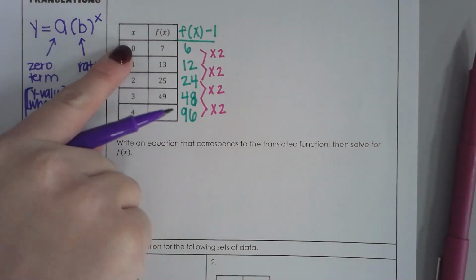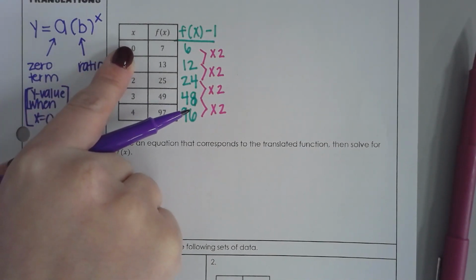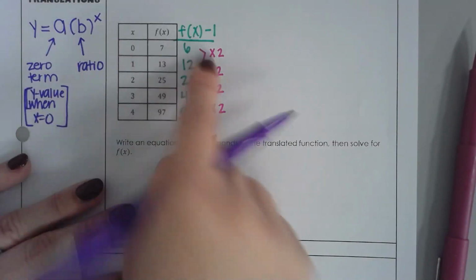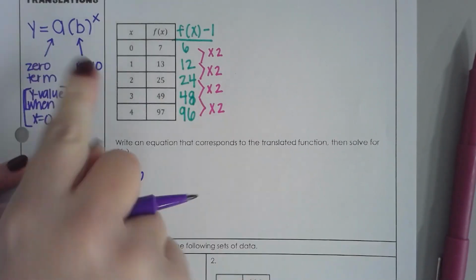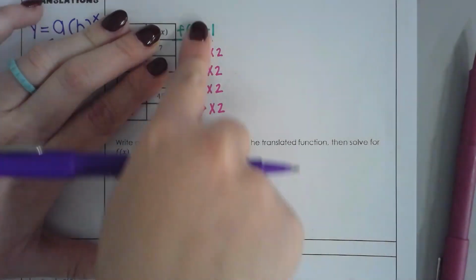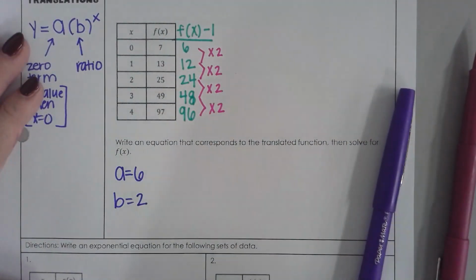Of the translated one, 6. So a is 6. B is my ratio. So what am I multiplying by here? 2.